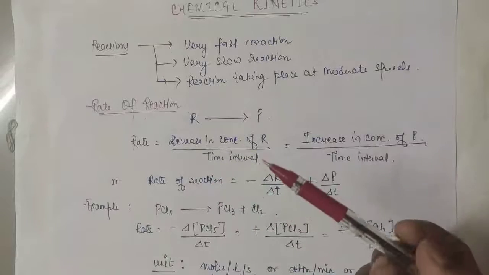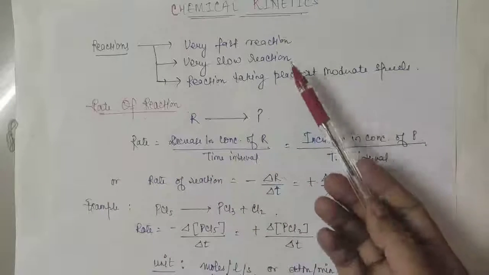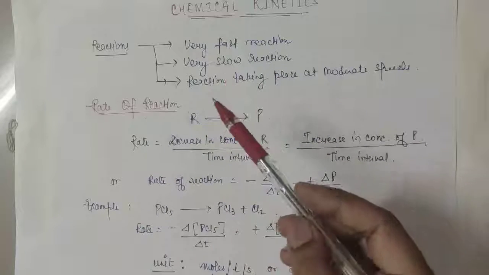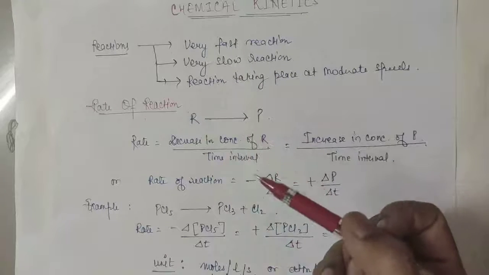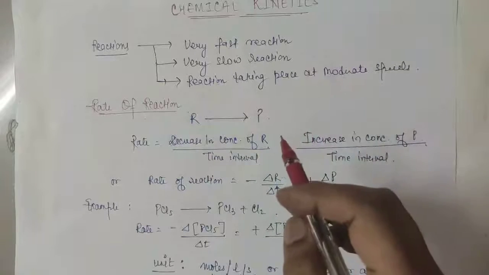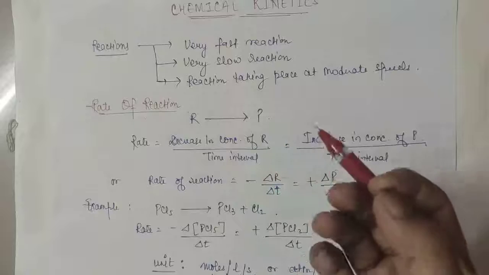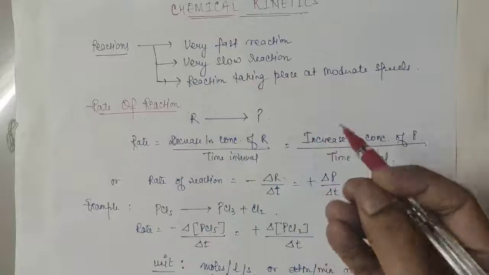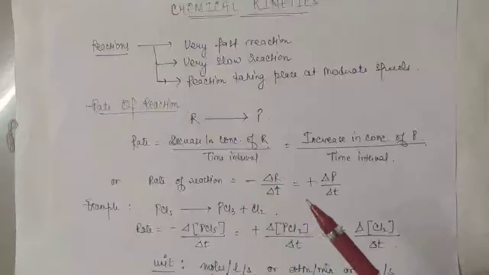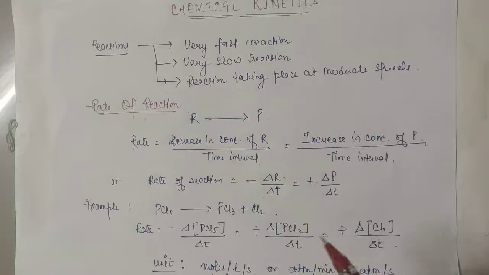Okay, now why are some reactions very fast and some reactions very slow? One of the obvious reasons is that reactions involve the breaking of bonds and the making of bonds. Different types of bonds require different amounts of energy for breaking, and different amounts of energy are evolved when different kinds of new bonds are formed. So the rates will be different.